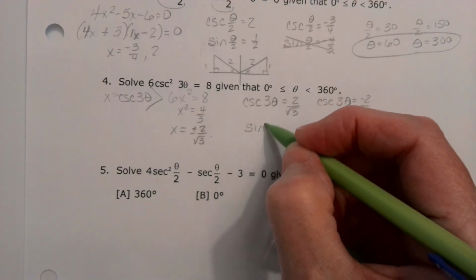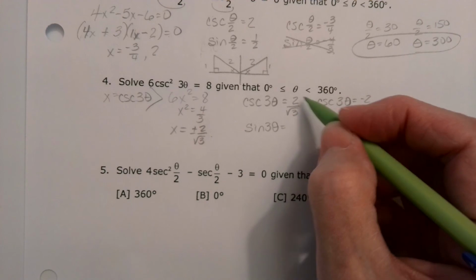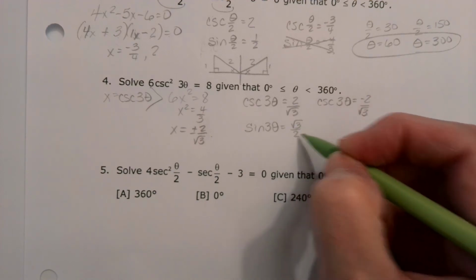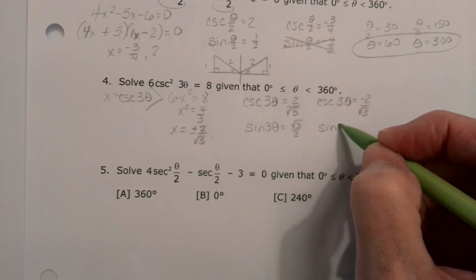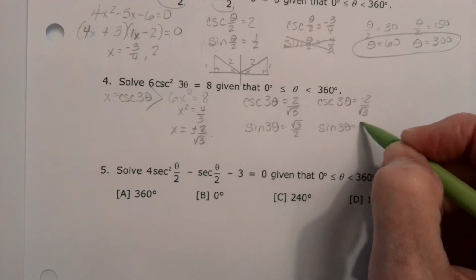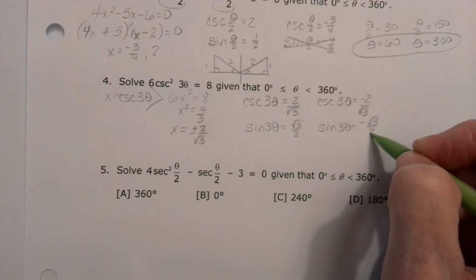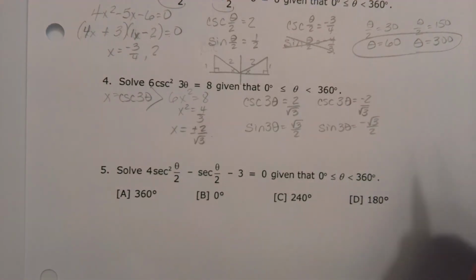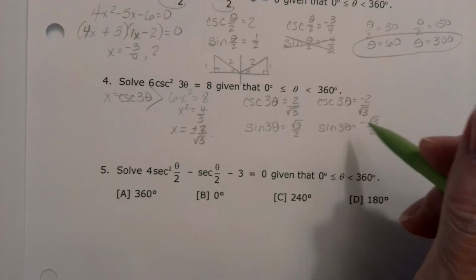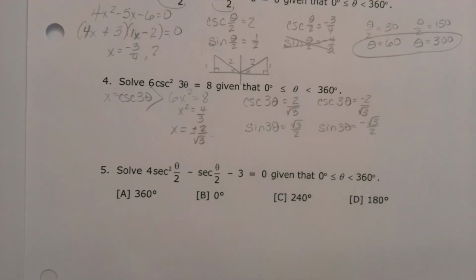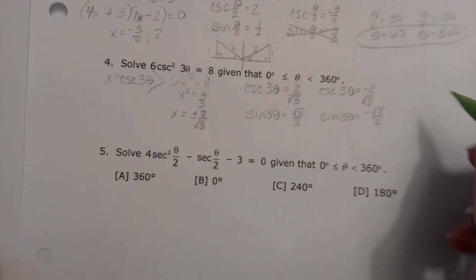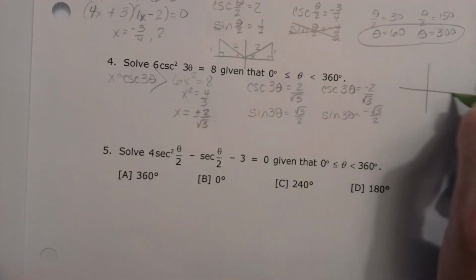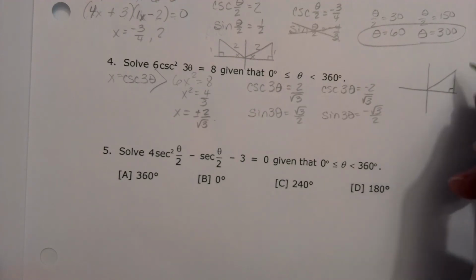So the sine of 3 theta then is going to be, flip it, square root of 3 over 2, or the sine of 3 theta is going to be negative square root of 3 over 2. So you have to think, first of all, I need sine when it's positive, and I need sine when it's negative. Well, that's every single quadrant.